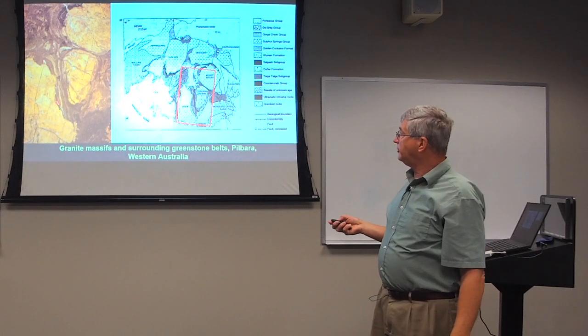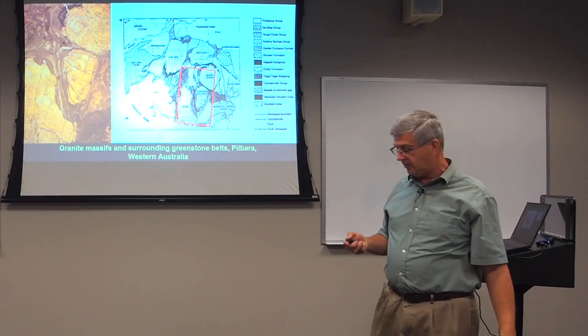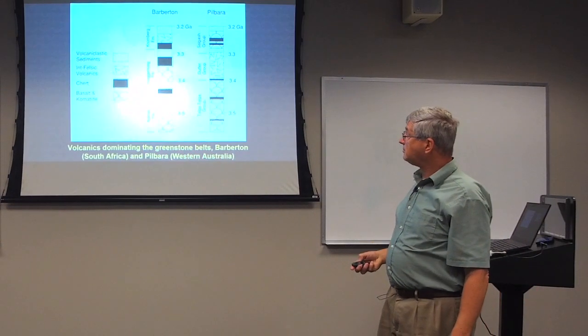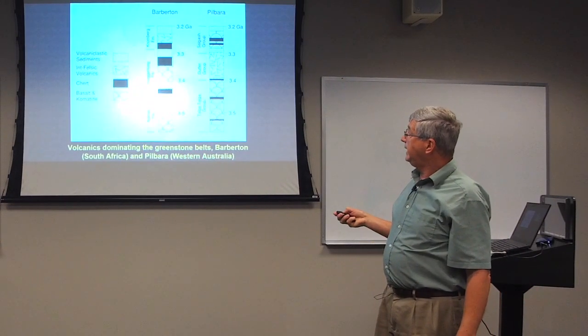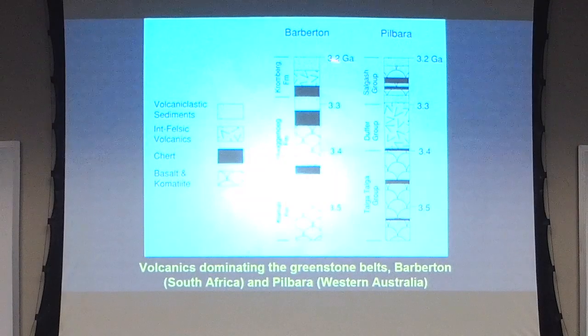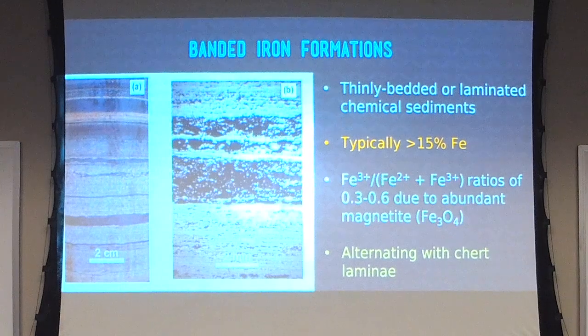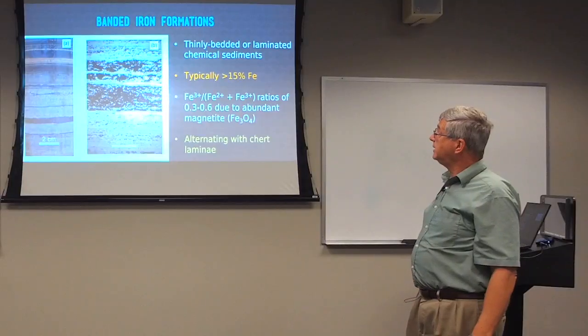That is the reason why these belts are called greenstone belts, because of these komatiite lavas. And you can see here in this stratigraphic section, Barberton Mountainland, Pilbara in Australia, that they dominate in these greenstone belts.